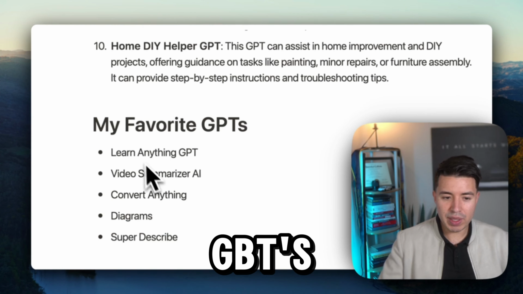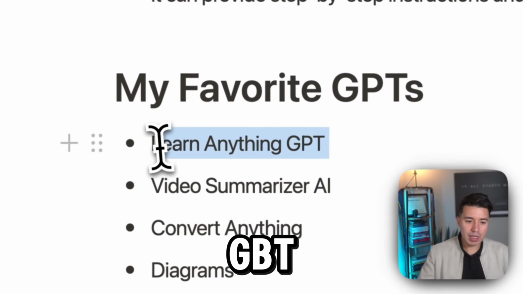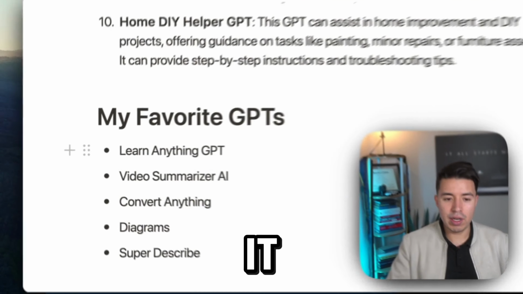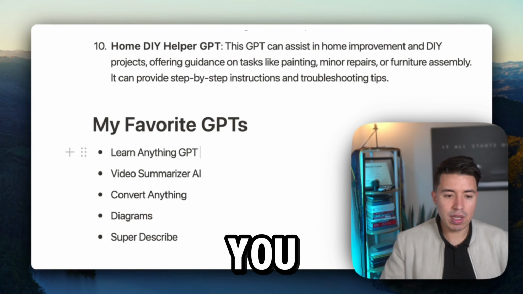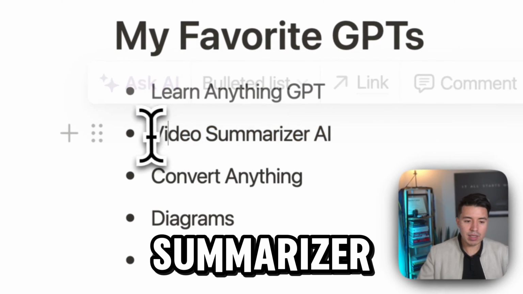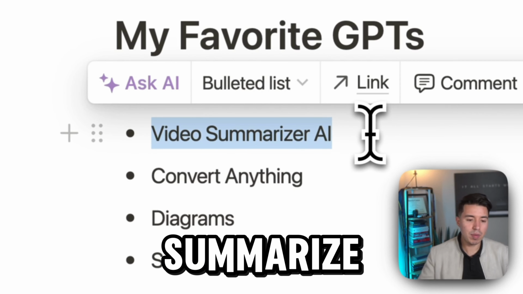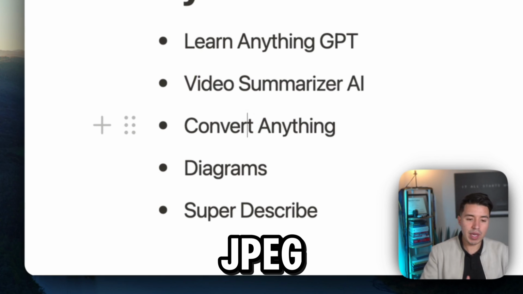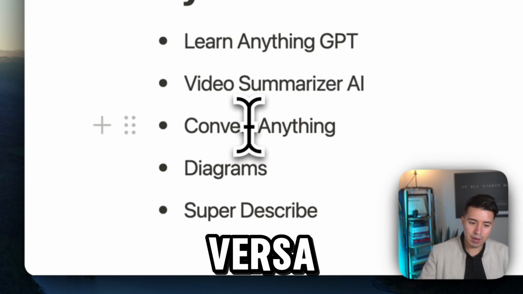My favorite GPTs, the Learn Anything GPT. This one is really neat because it is literally helping you learn. It quizzes you on different subjects that you want to learn, and it's super helpful when learning new topics. Video Summarizer, so you can give it a video and it's going to summarize it. Convert Anything, this is like convert JPEG to PNG or vice versa.